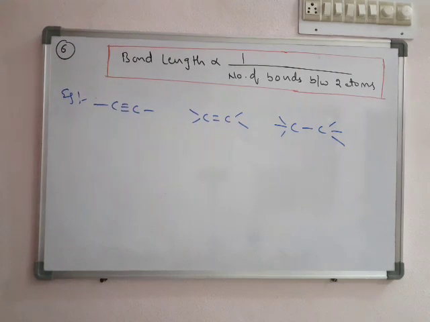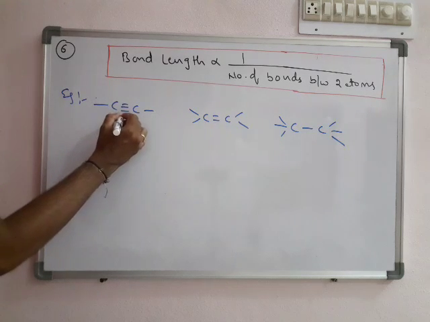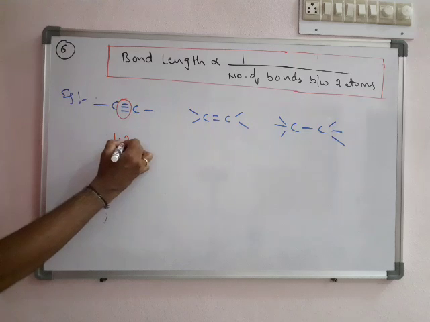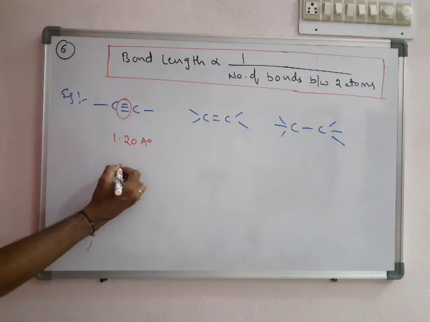For the triple bond, it is 1.20 angstrom.